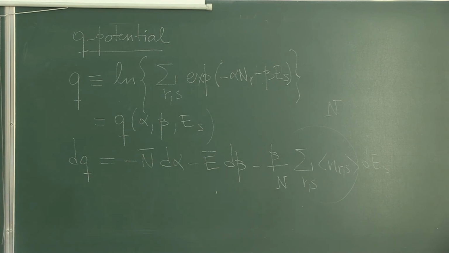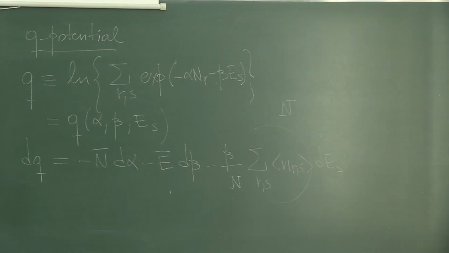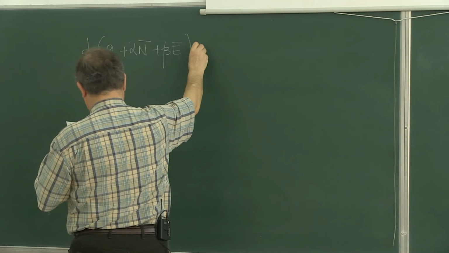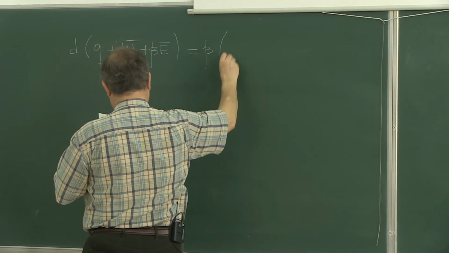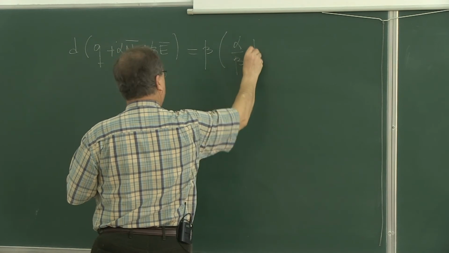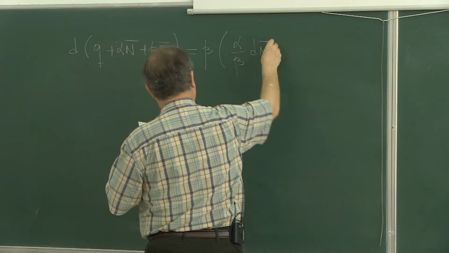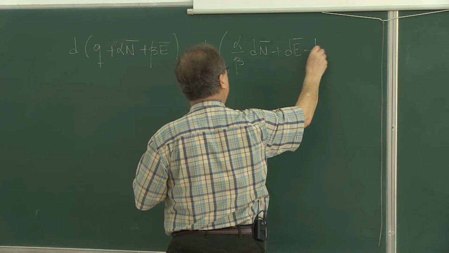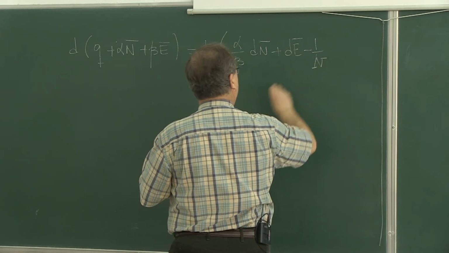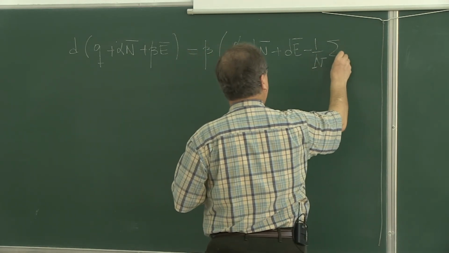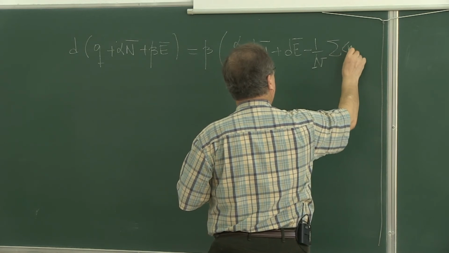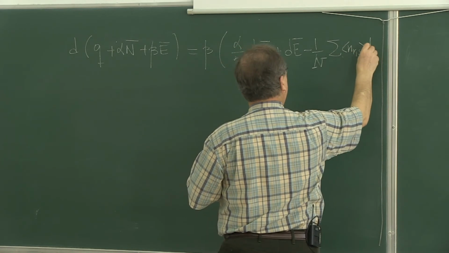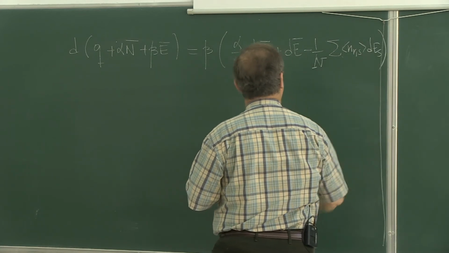You can rewrite this as dq plus alpha N bar plus beta E bar, as beta times alpha over beta d N bar, the average, in other words, d bar, minus 1 over N capital, sum over R and S, d E_S. That's the expression.